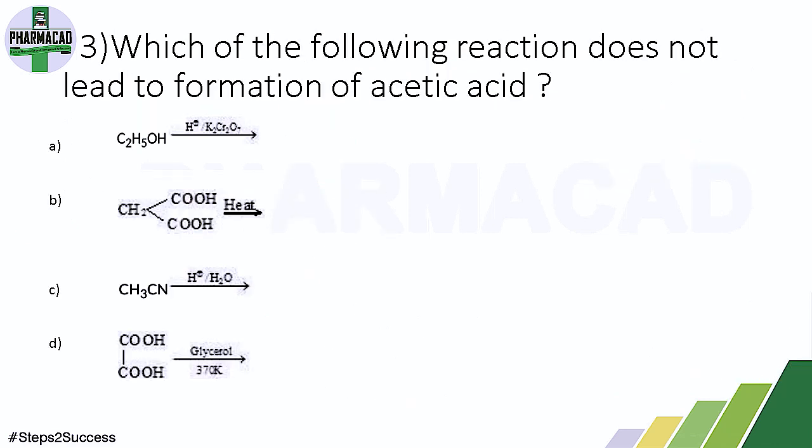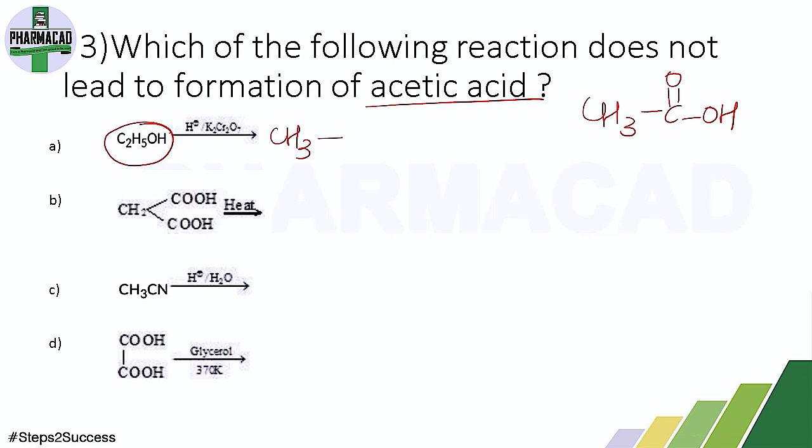Next question. Which of the following reactions does not lead to formation of acetic acid? Acetic acid is what? CH3 C double bond O OH. Let's see. When we treat ethanol with K2Cr2O7, it gets oxidized into CH3 C double bond O OH, which is nothing but the acetic acid.